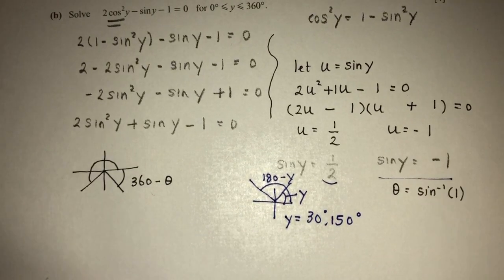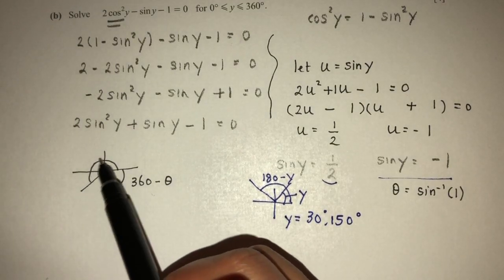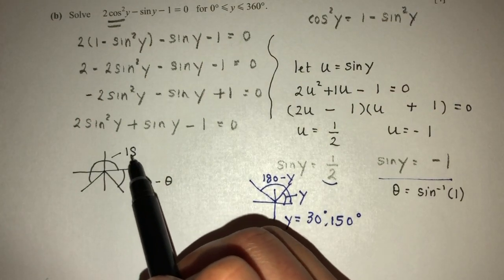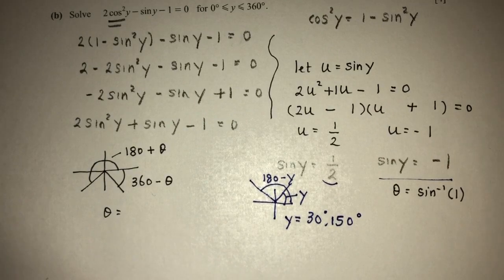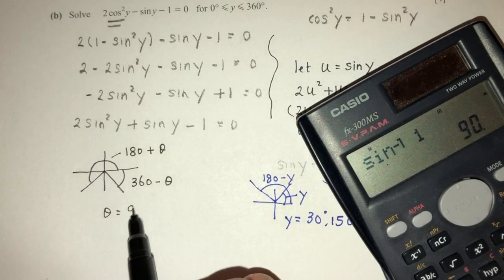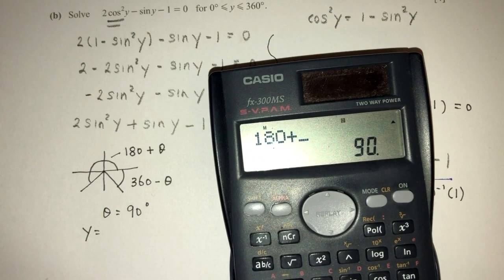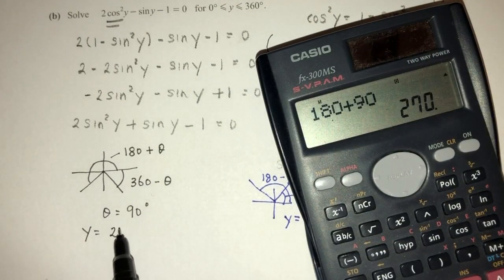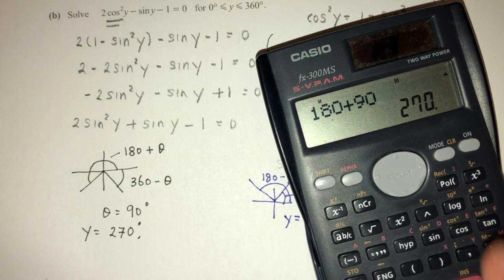So negative, I have to first find theta and then find y. Y will be given by this equation. So here, if it is in the third quadrant, we have to take 180 plus theta. So let's find the value of theta. Theta will be sine inverse of 1. That will be 90. So which means y has to be, according to your quadrants, 180 plus 90, which is 270, but also 360 minus 90 is also 270.